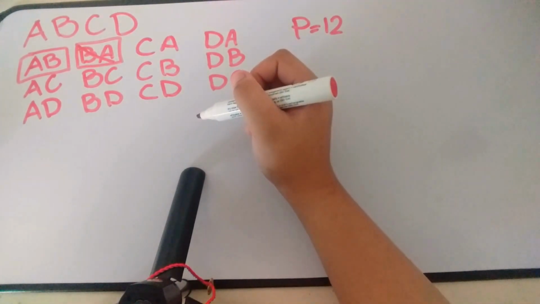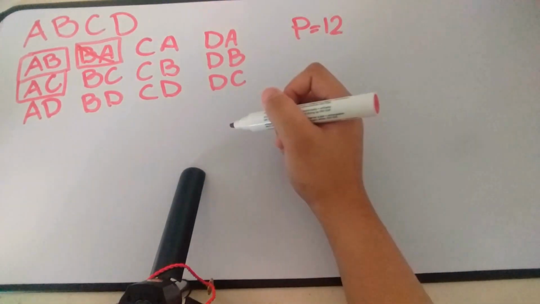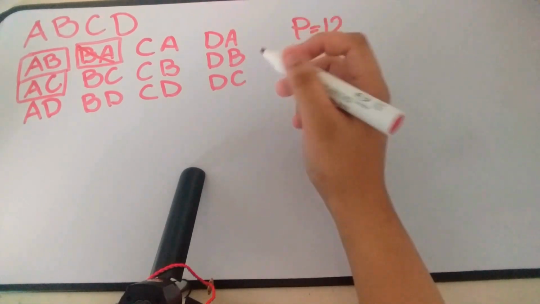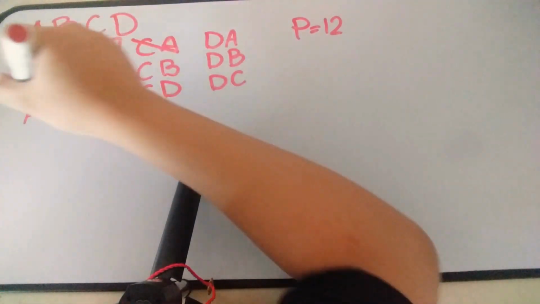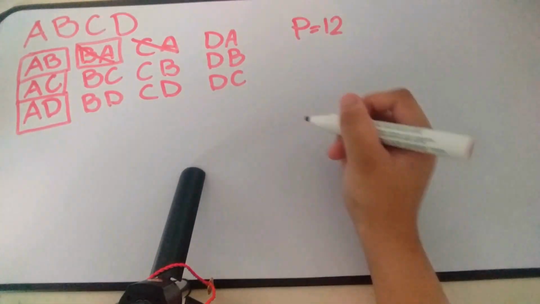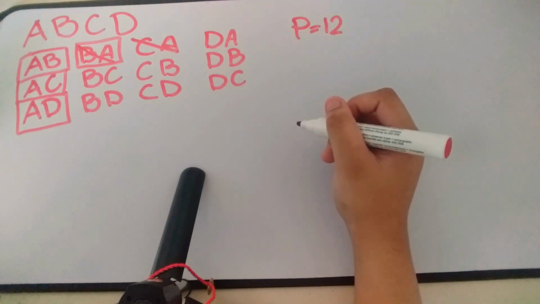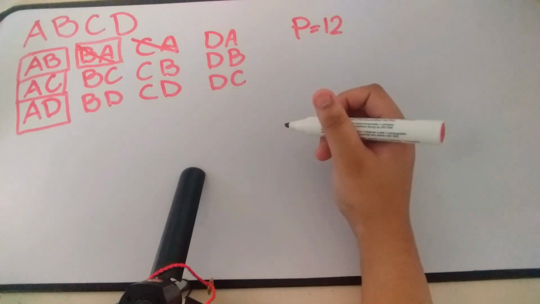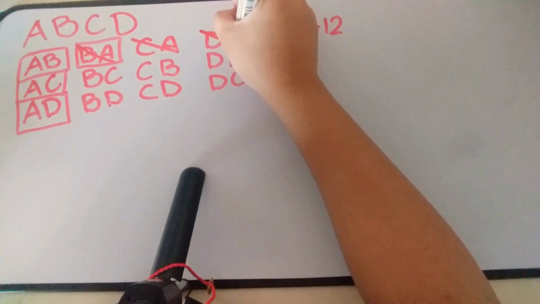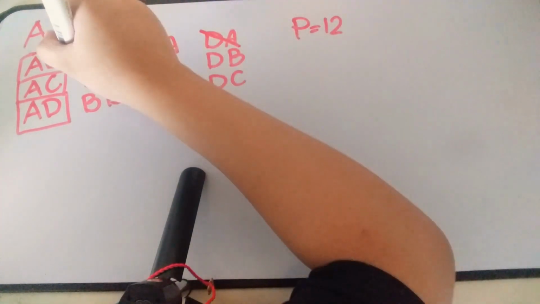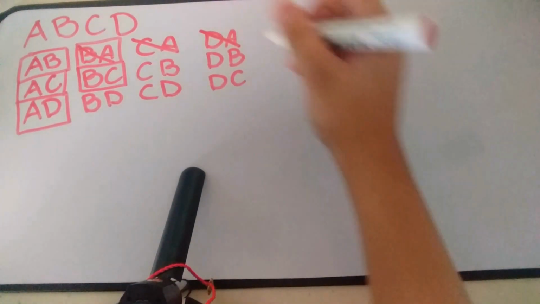If we're going to count, let's say AC, we can't count CA. If we're going to count AD, we have to take into account DA. If we're going to use BC, we need to get rid of CB.